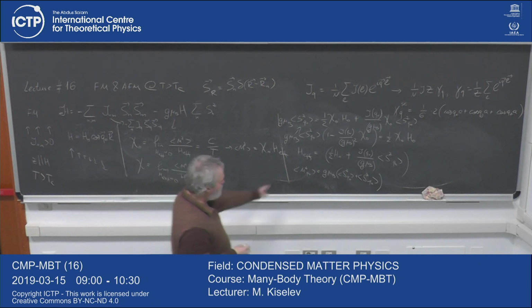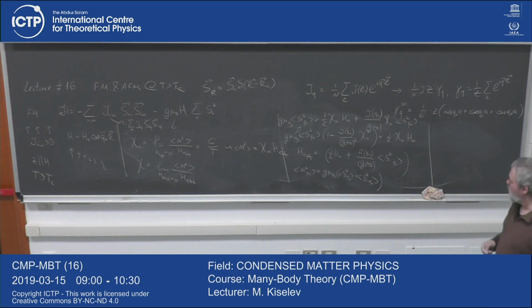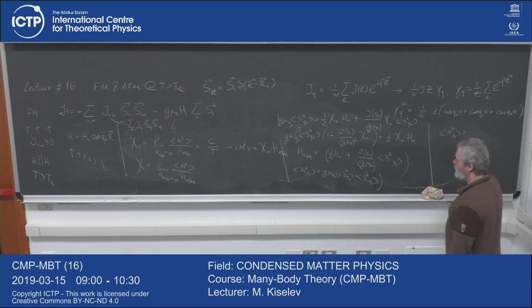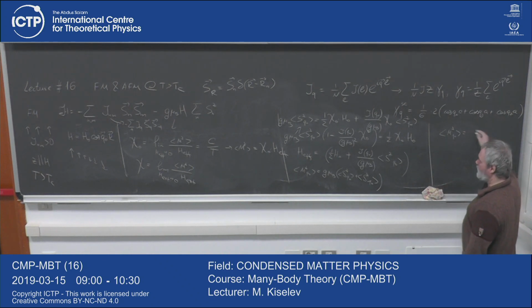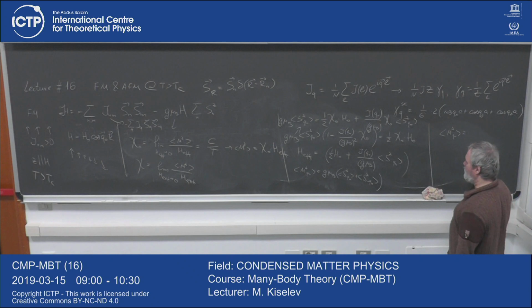So therefore, what I obtain in this RPA, that magnetization mz q node is equal to, factor of 2 will be multiplied by 2. This is g mu node.